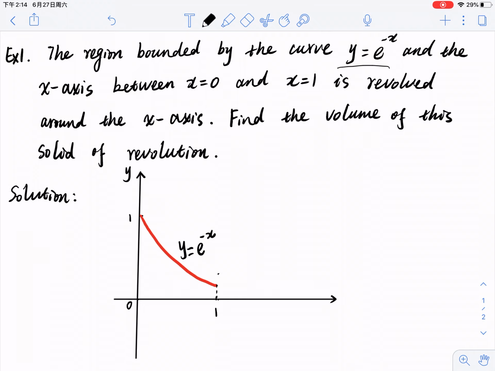Now we rotate the graph of this function about the x-axis. The curve sweeps out a solid with circular cross-sections.